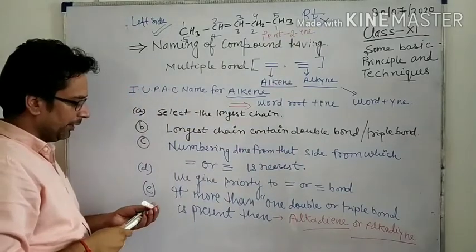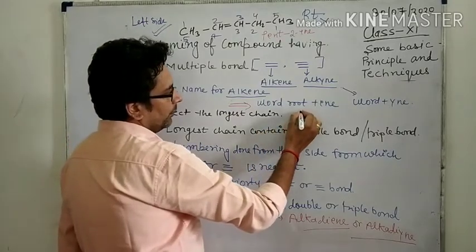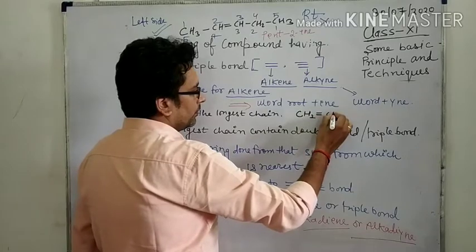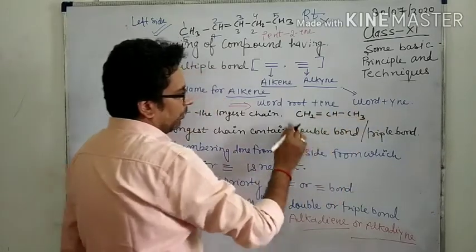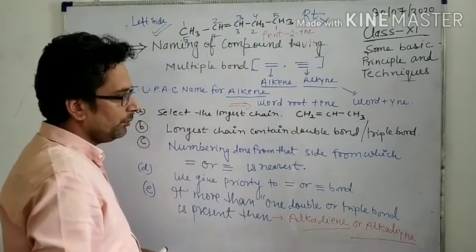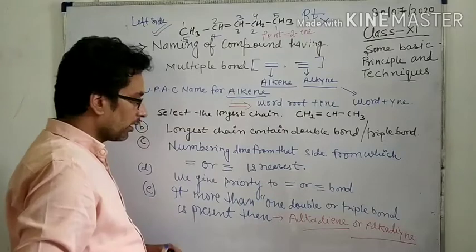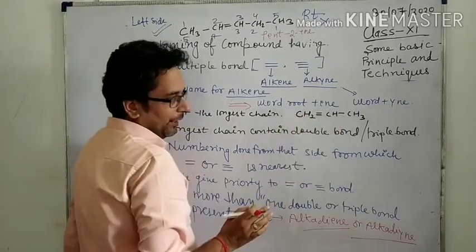Now the next example I am going to discuss. Look here, next example. What is the name of this compound? First we select the longest chain: 1, 2, 3. This is the longest chain.